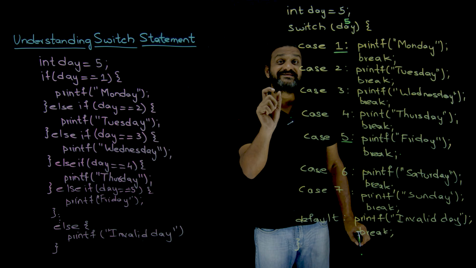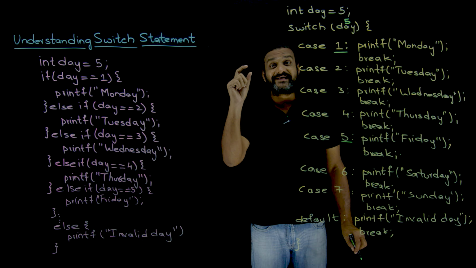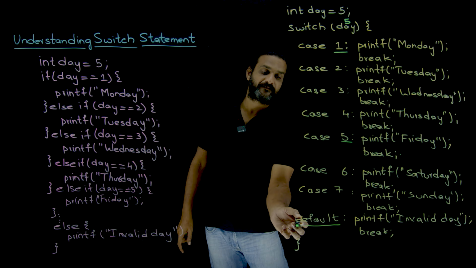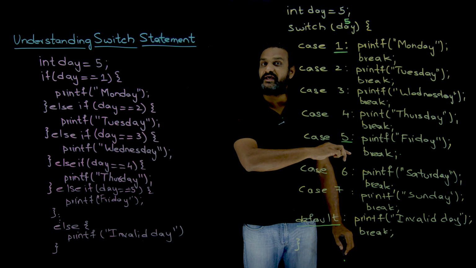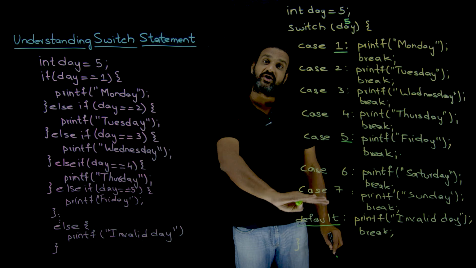Now what about the else case? In the if else if statement we have the else case, and that is compensated by the use of default. It is not mandatory to use default in every switch case; it is based upon the requirement. We can use it or we may not.